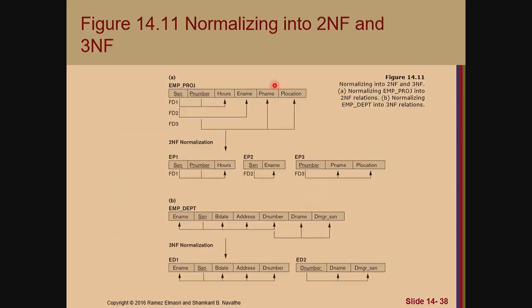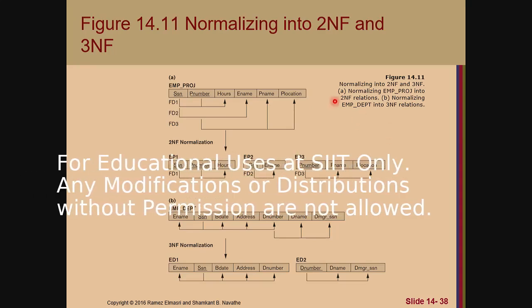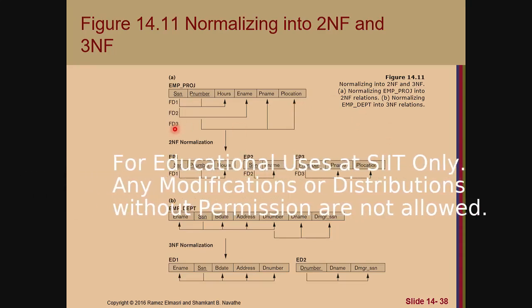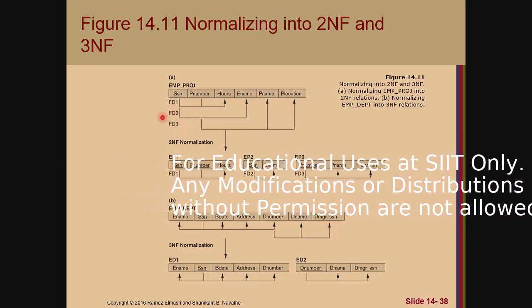If I give you this kind of schema and functional dependency, I will ask you to change them to pass the second normal form, third normal form, and also Boyce-Codd. So it's not so difficult. Here, for example, which one is against the second normal form?